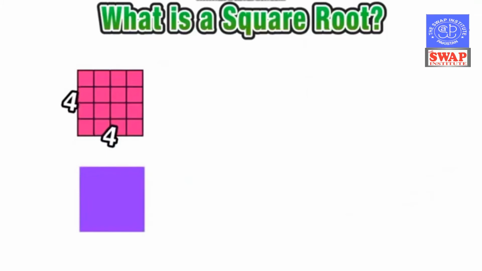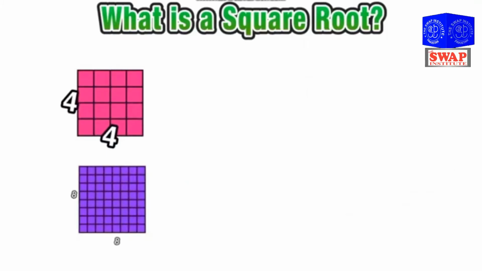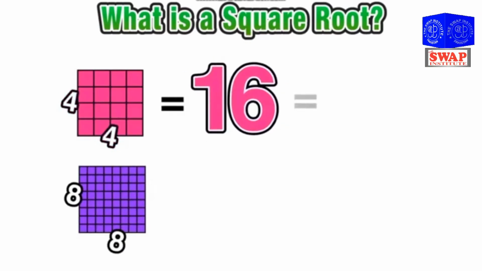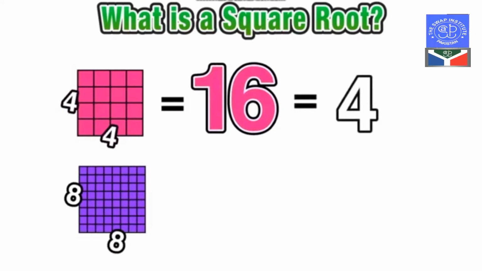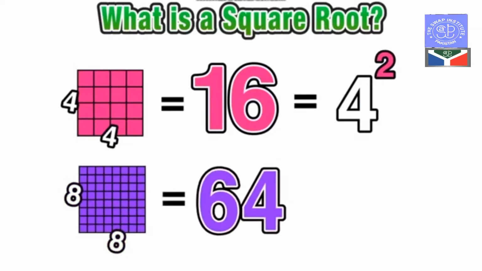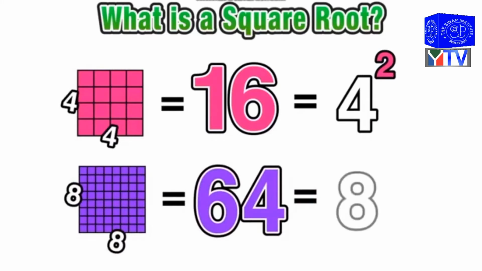Now we can revisit our perfect squares, 4 by 4 and 8 by 8. We know that 4 times 4 is equal to 16, or we can say 4 squared. Clear? And 4 is a whole number. And 8 times 8 is equal to 64, or we can say 8 squared.